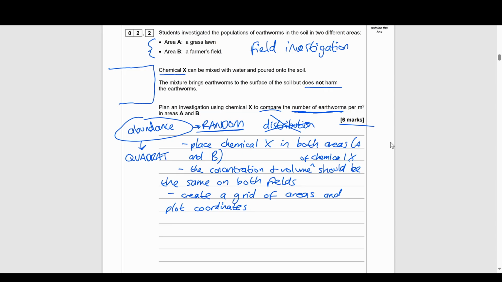Now, what does this actually mean? It means if this is our field, what we can do is we can split our field into sections to create a grid.